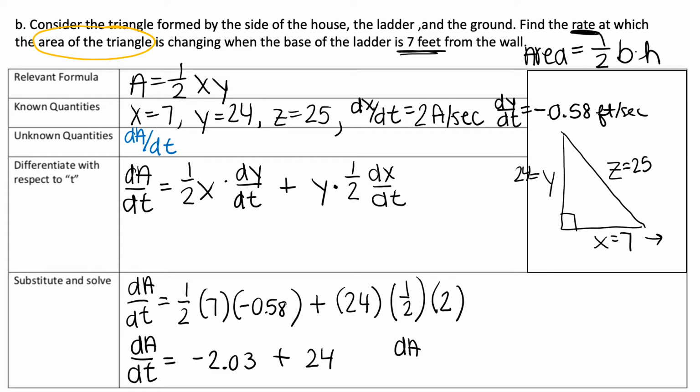So we're left with dA/dt equals, and we get 24 plus a negative 2.03 gives us 21.97. I forgot units again, but because we are changing area, we should be feet squared per second. Sorry about that. If you are confused on the units, just go ahead and ask your teacher to go back through.